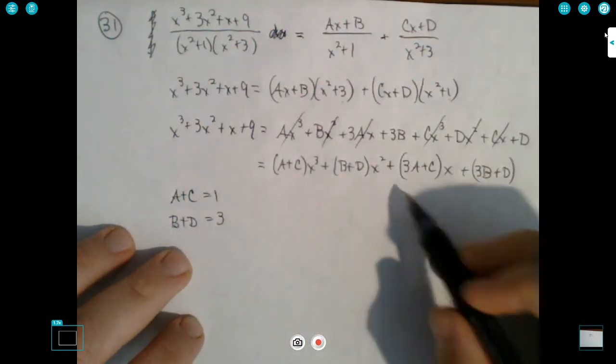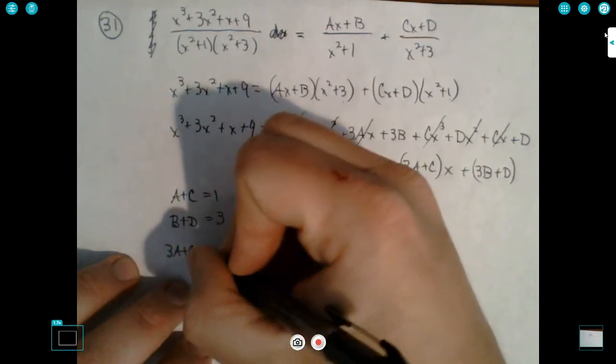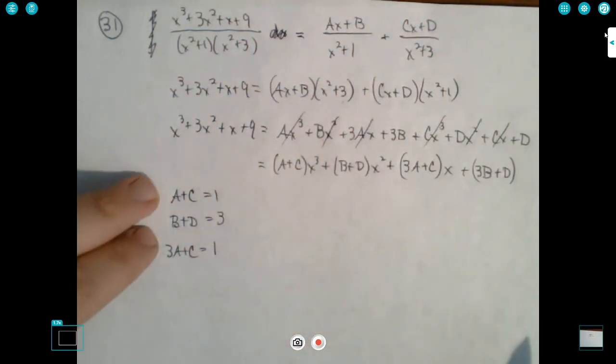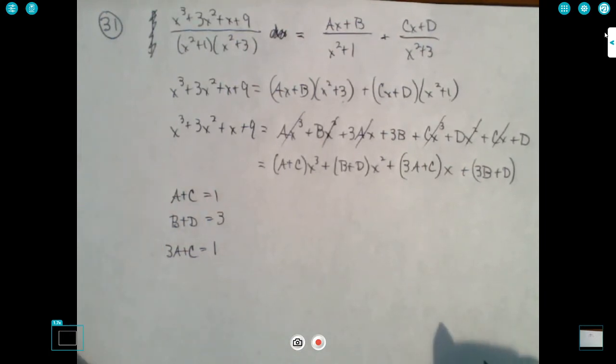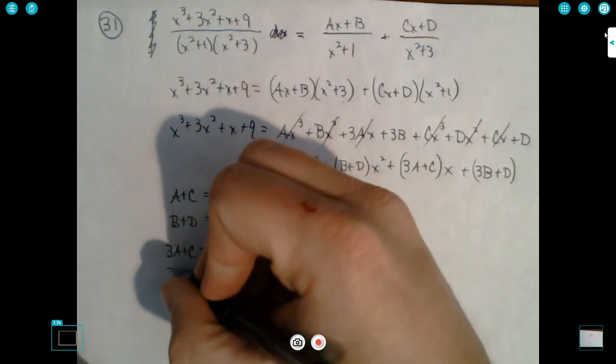So b plus d equals 3. 3a plus c has to equal 1. That's really interesting: a plus c equals 1, but also 3a plus c equals 1. And then 3b plus d has to equal 9.